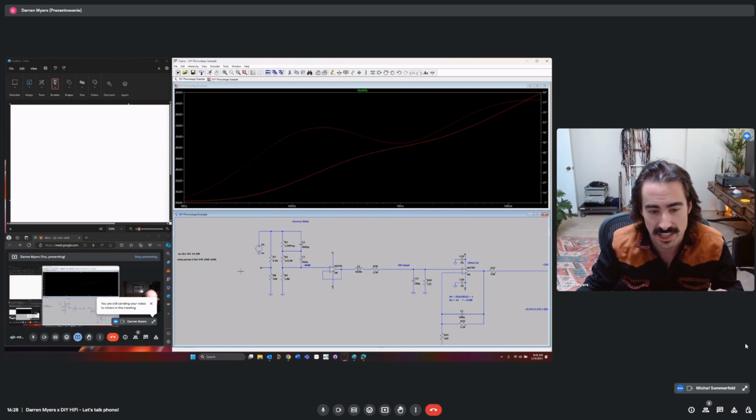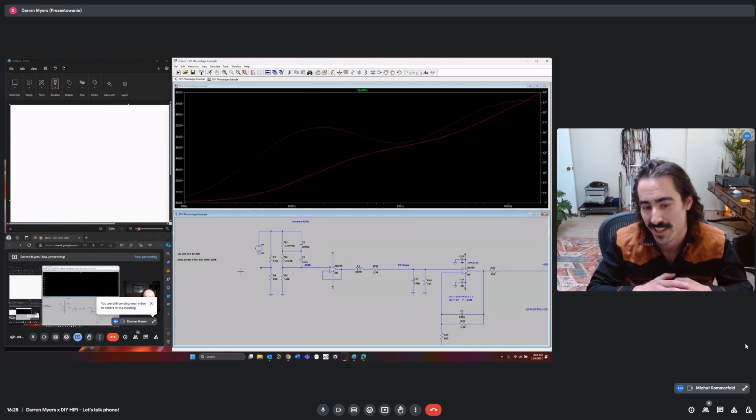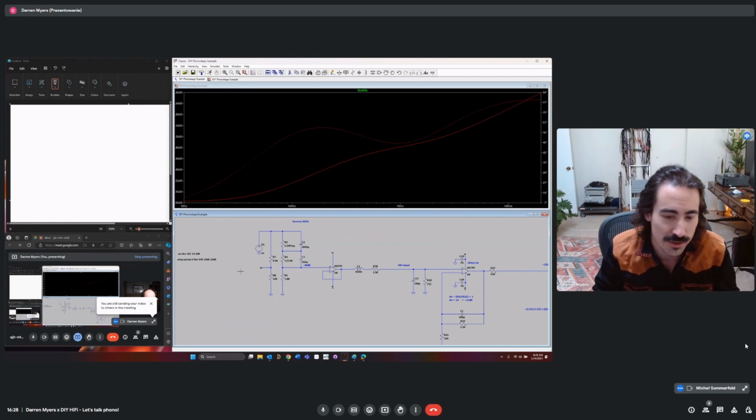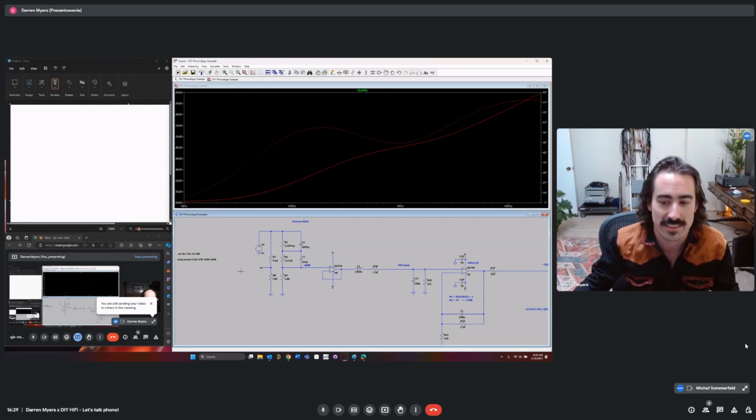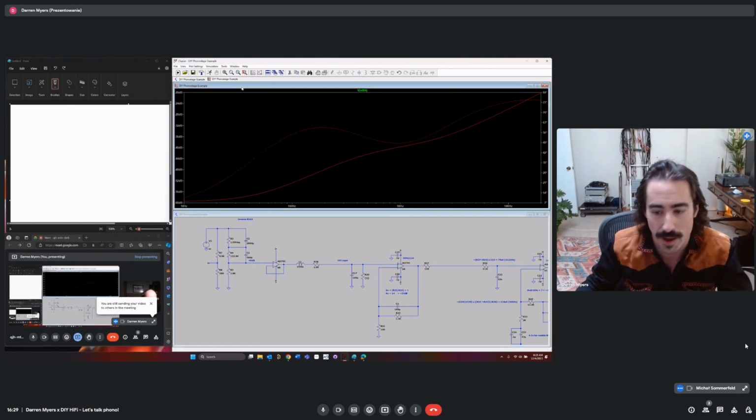You could go to ChatGPT, for instance, and get it to run a script or any sort of algorithm to create a huge list if you want to test hundreds of values at a time. So it's a really powerful feature in LTspice.